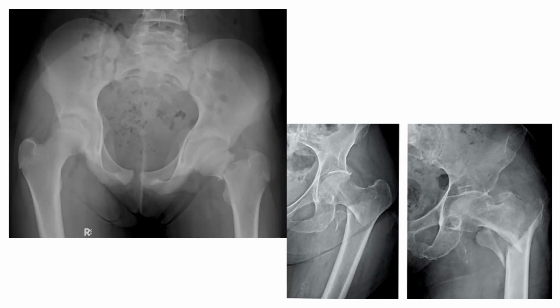When the hip is dislocated posteriorly, the femoral head is directed posteriorly, so the leg will be internally rotated, in adduction and internal rotation. That's the classical position of posterior dislocation of the hip.